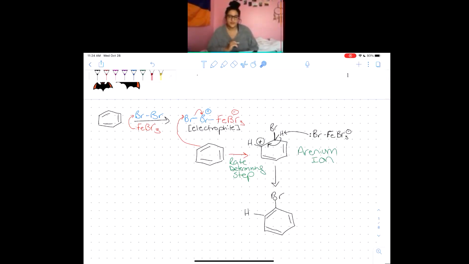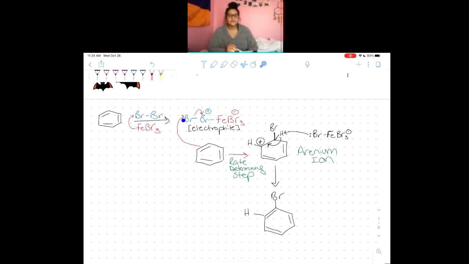Cool. I know I did a lot of zooming in and out, but just to go over it one more time, the benzene is the nucleophile. The acid catalyst is FeBr3. It's going to interact with Br2 in order to make the electrophile.